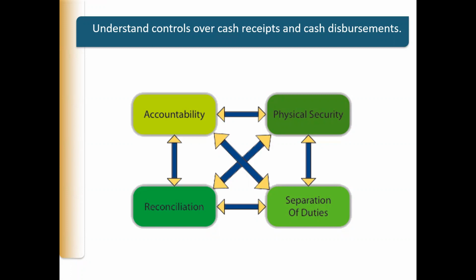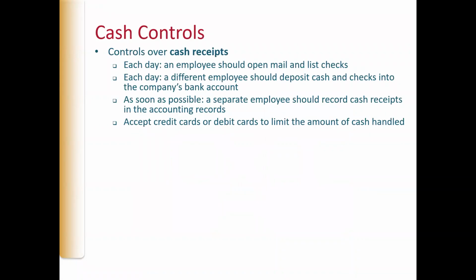Now, we're going to talk about controls over cash receipts and cash disbursements. In a company where internal controls are operating effectively, each day for cash, an employee should open the mail and list the checks.